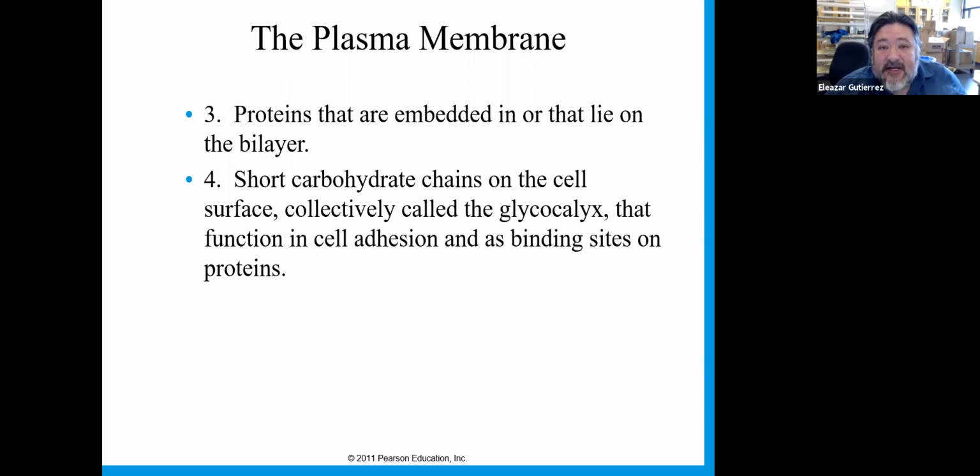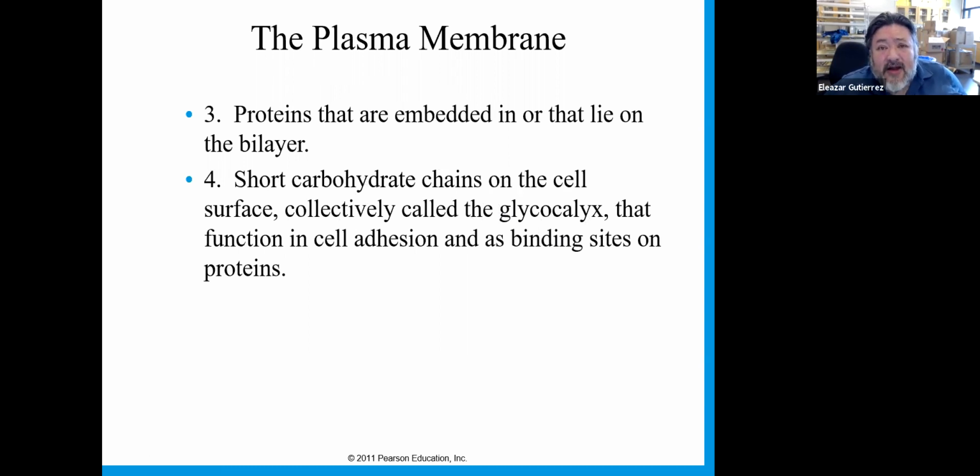So geographically, there are two main types of plasma proteins. And then the fourth one is the short carbohydrate chains on the cells' surface. Our author likes to call it the glycocalyx. I don't like that. Very few people use that term.